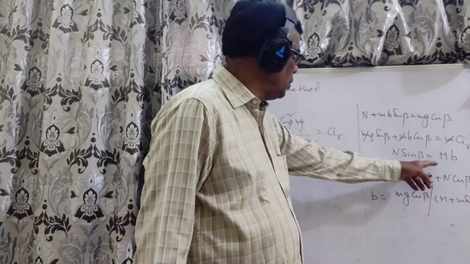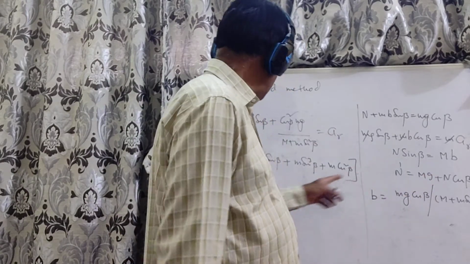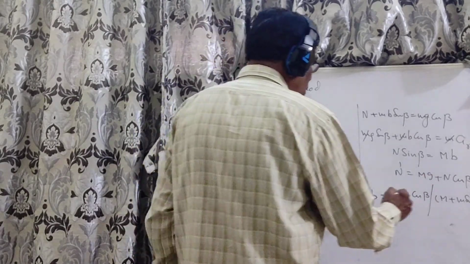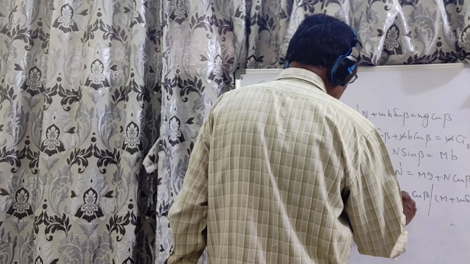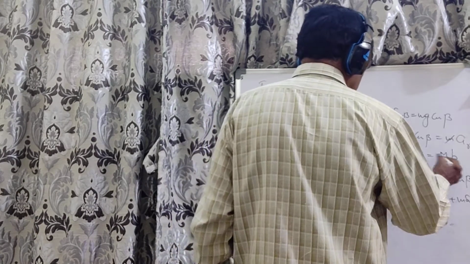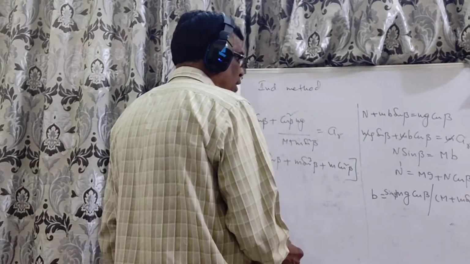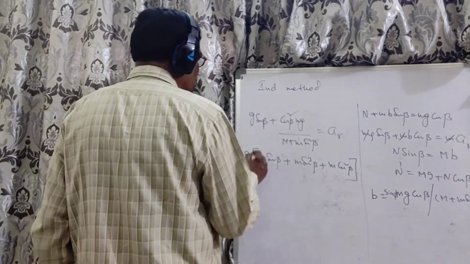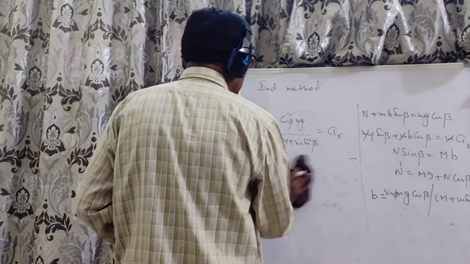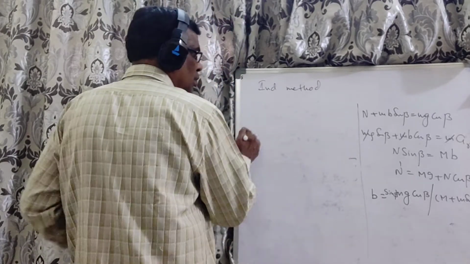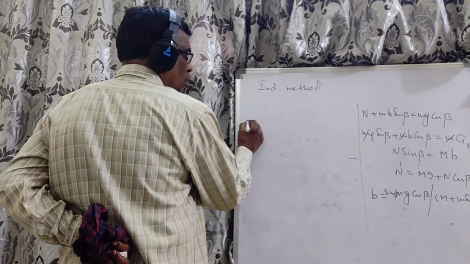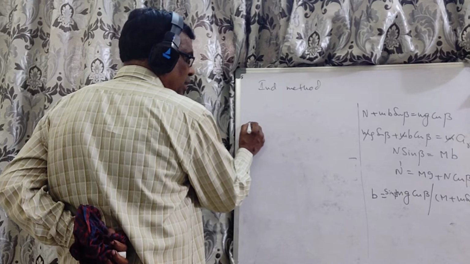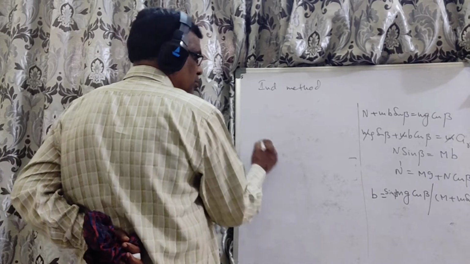What do you get? B is all this? Yeah. You will get another sin beta here, because when you substitute there is a sin beta we can't ignore. So I'll do this again: N sin beta.